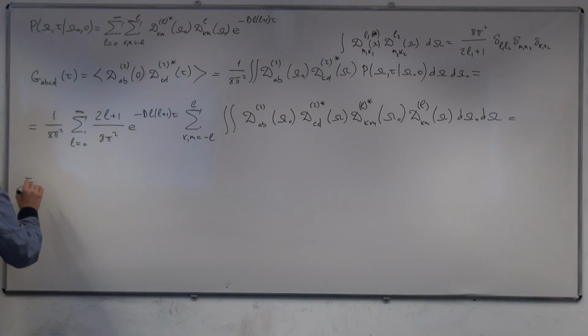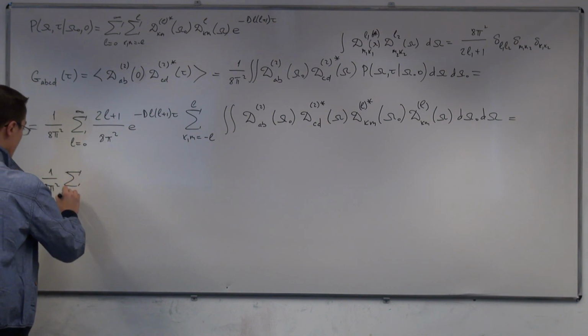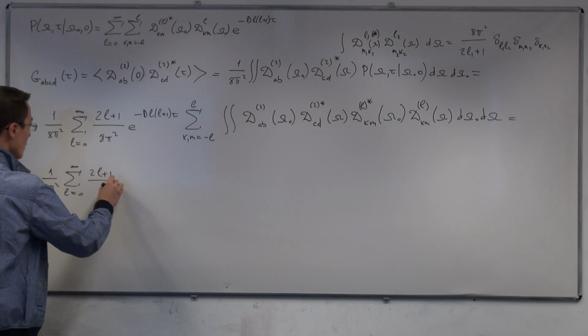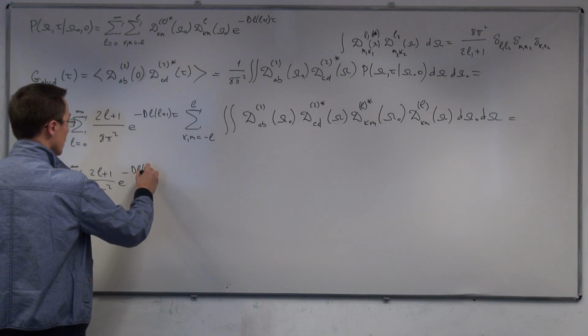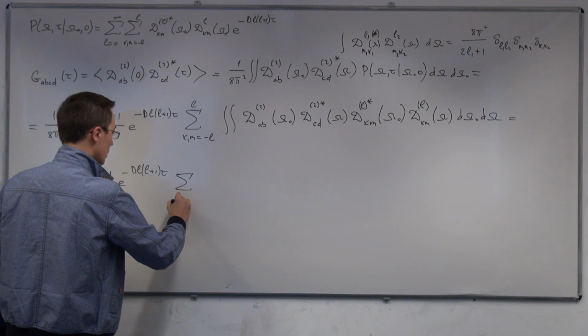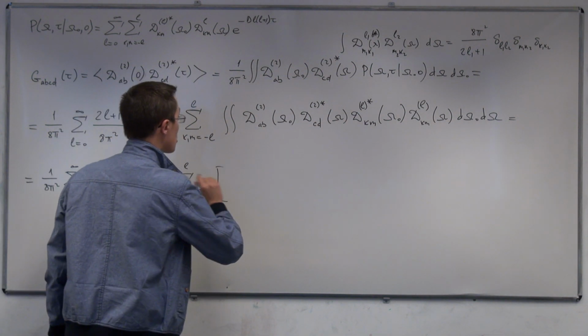So what we get here is 1/(8π²), sum over L from 0 to infinity, so all the usual, e^(−D L(L+1) τ), then another sum, K and M from −L to L. And now let's partition the integrals.